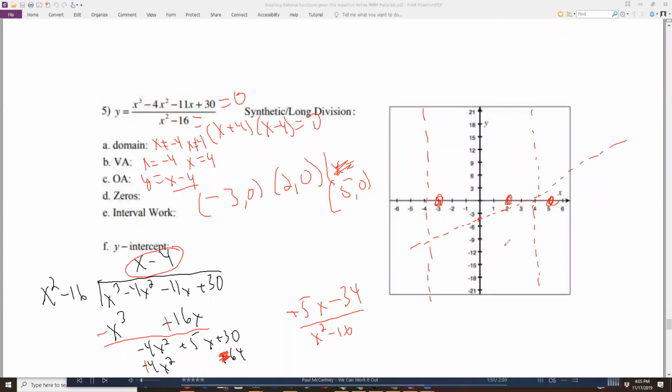Okay. It has a y-intercept of, let's see, the numerator becomes 30, the denominator becomes negative 16. Well, that's about, not quite negative 2, right? Not quite, so about negative 1.216. So just better than negative 1. Negative 1 and a little bit. So that's right about there.